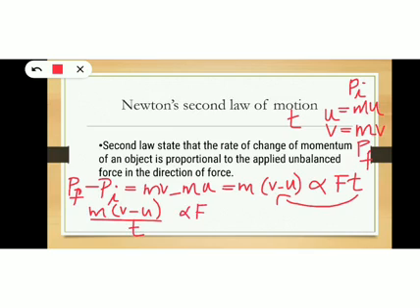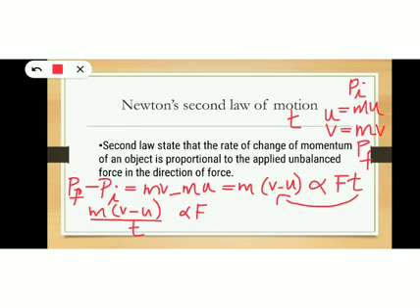And m into (v minus u) by t is change in momentum divided by time. If we divide any quantity by time, we will get its rate. So change in momentum by time can be considered as rate of change of momentum, isn't it? So the rate of change of momentum, m into (v minus u) by t, is directly proportional to F.